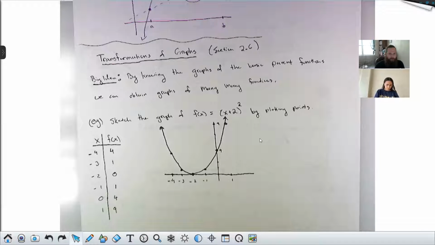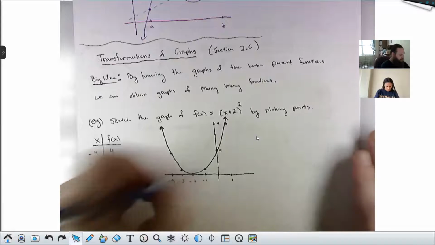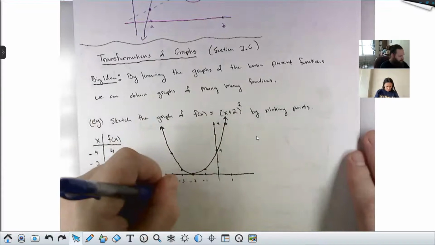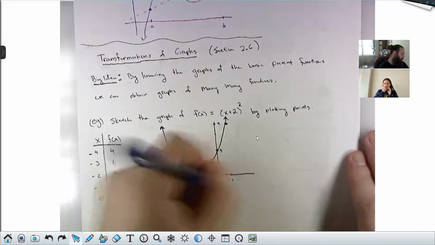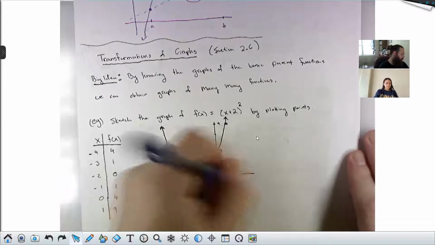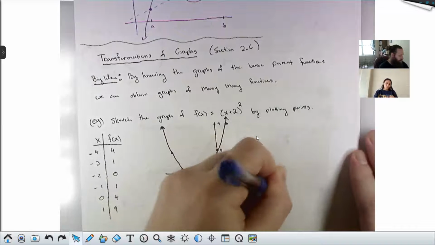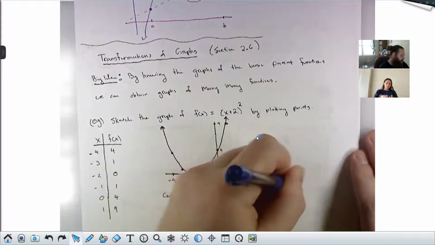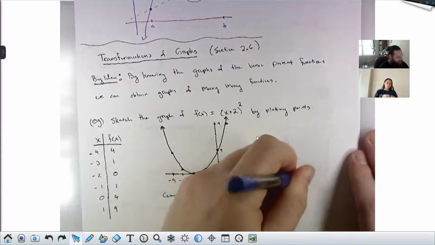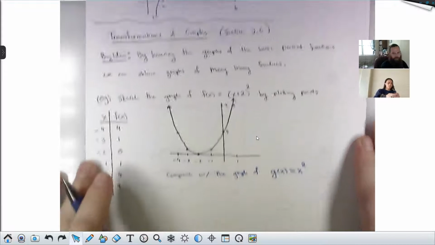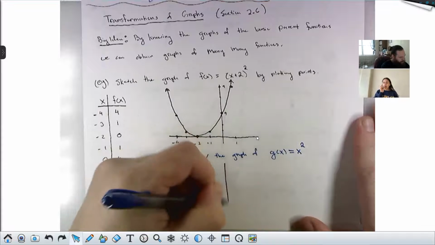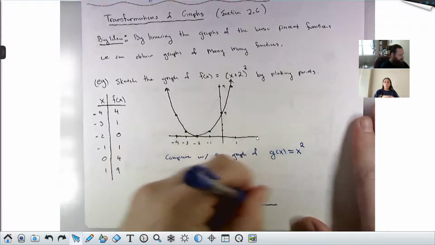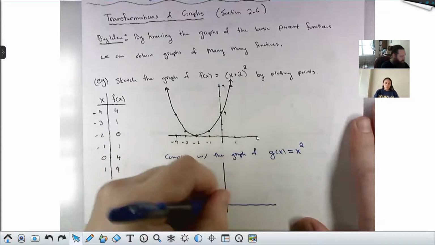I'd like to compare this to another graph. I'll call that other function g of x, and we'll look at the graph of g of x equals x squared. I need to sketch it. This is a parent function.